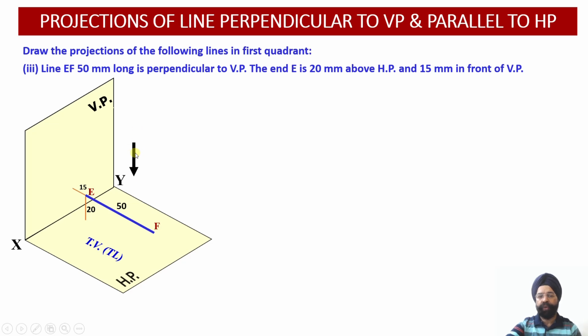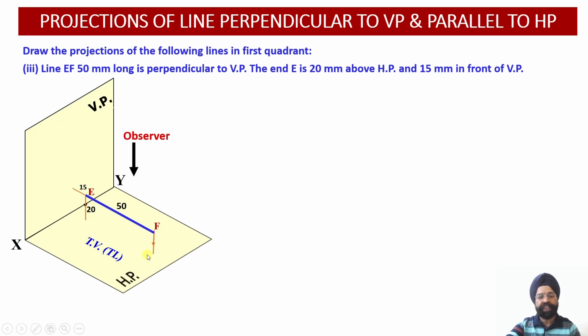So let's see how we can draw it. The observer is going to look from the top. Once the observer is looking at this line from the top, E will converge on HP, it will project on HP at this position. The name of this point will be small e, and F will be converging on the horizontal plane. It will be projecting at this particular point, which will be called small f.